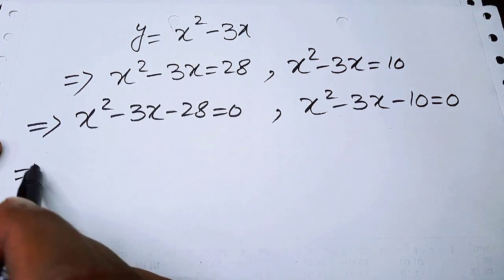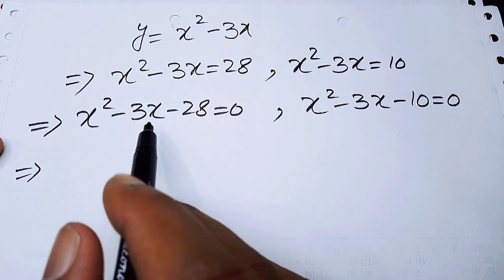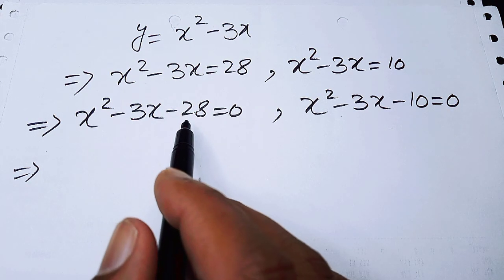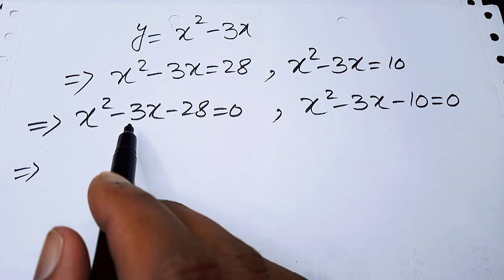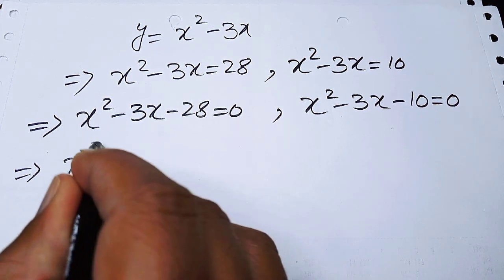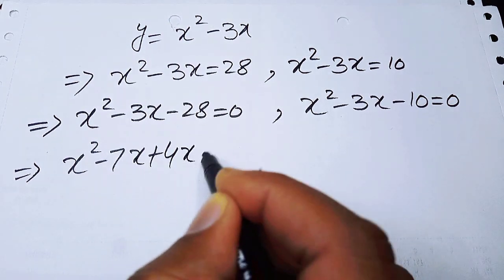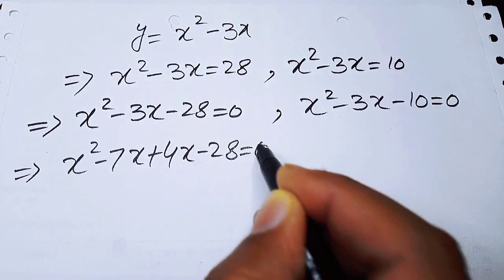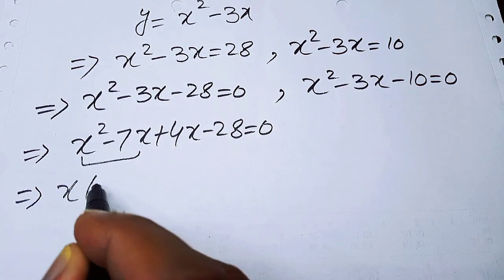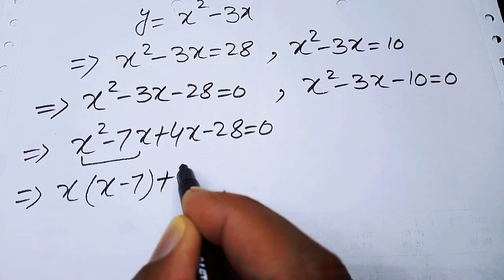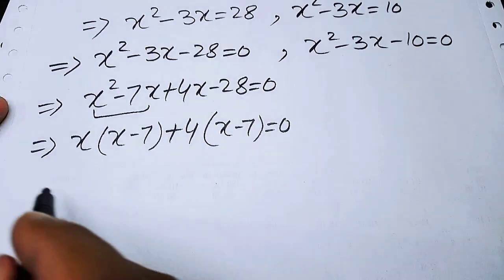Now we can make the factors of this term, and here we need two numbers whose product is minus 28 and whose sum is minus 3, so that these numbers are minus 7x and plus 4x minus 28 is equal to 0. And we take common x from these terms, we get x minus 7, plus here we take common 4 and we get x minus 7 is equal to 0.